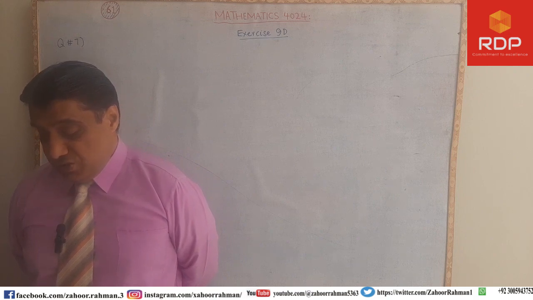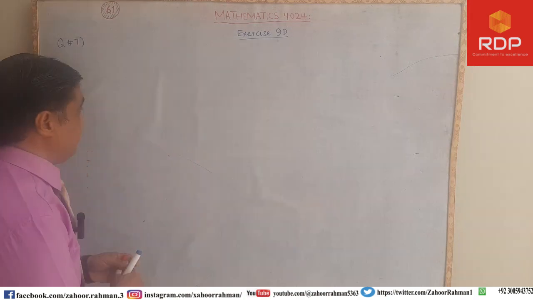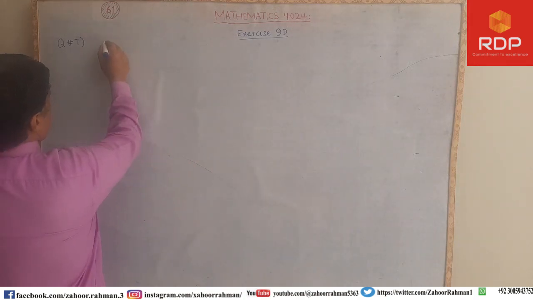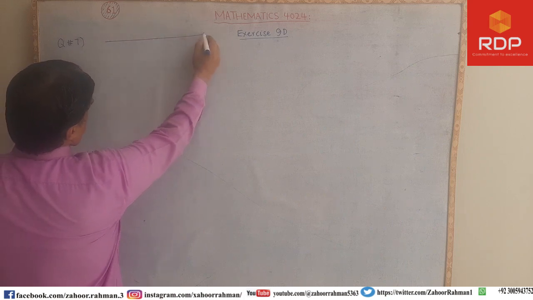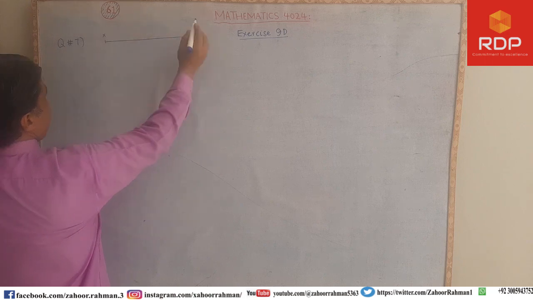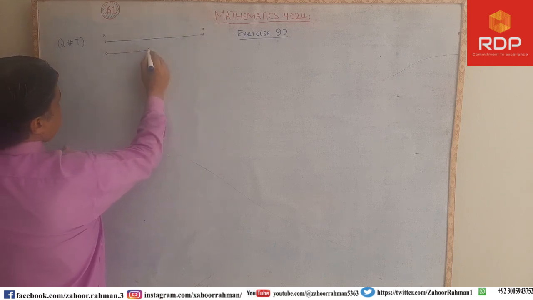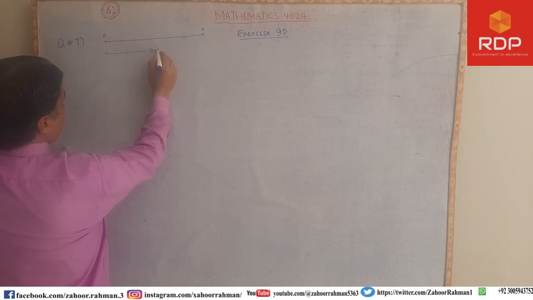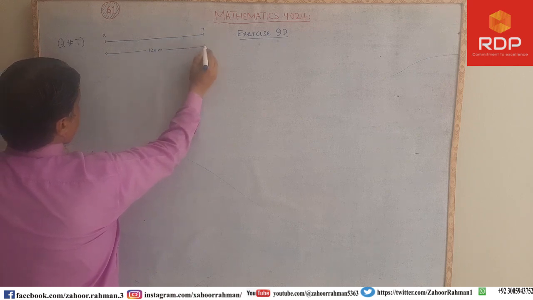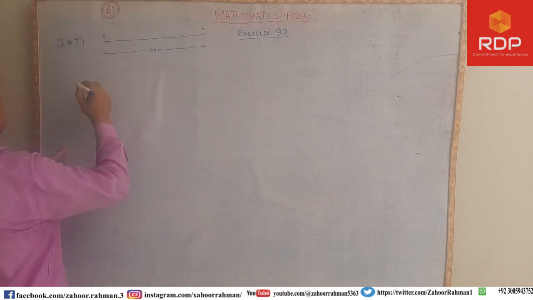The question is saying 2 points X and Y are 120 meter apart. So there are 2 points which are marked as X and Y and the distance is 120 meter. This is the first information they have given us.